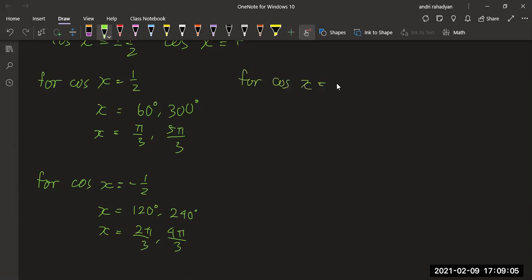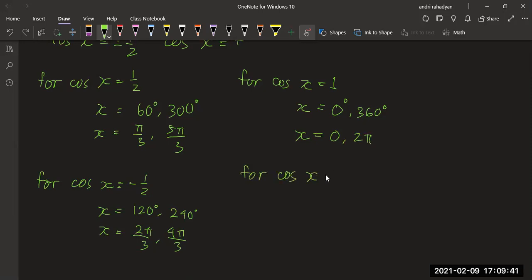For cosine of x equals 1, x equals 0 and 2 pi. 0 and 360 degrees, right? So x equals 0 degrees and 360 degrees, or in radians, 0 and 2 pi.